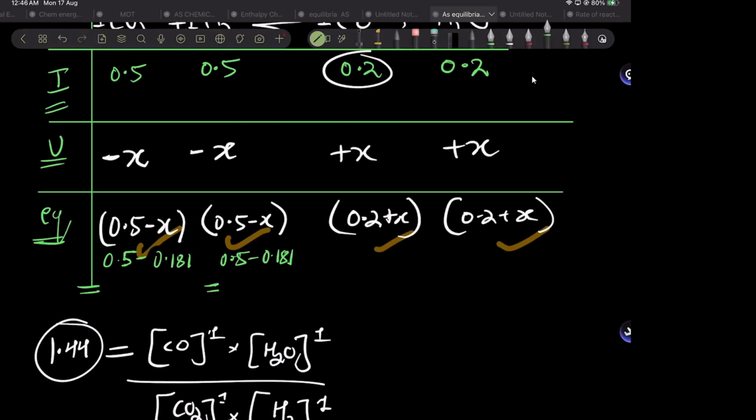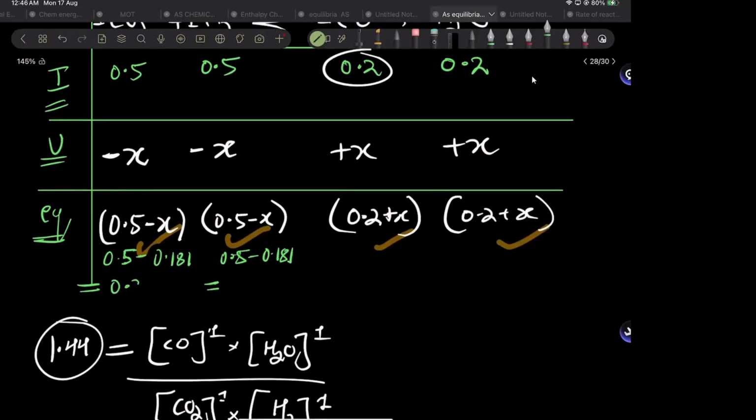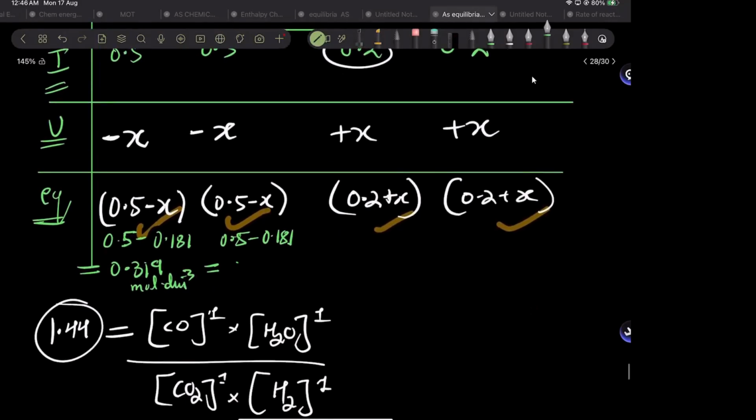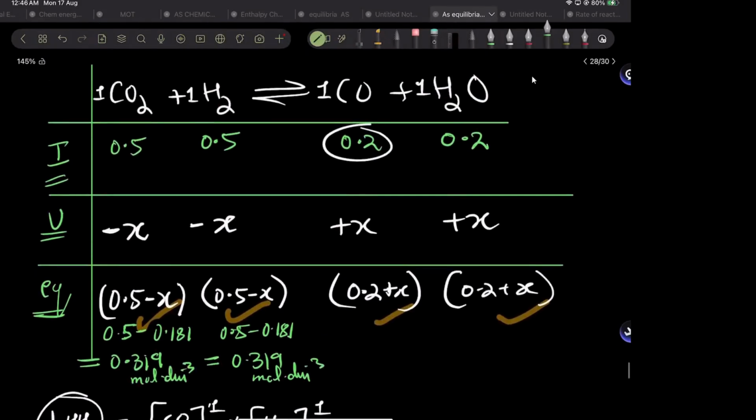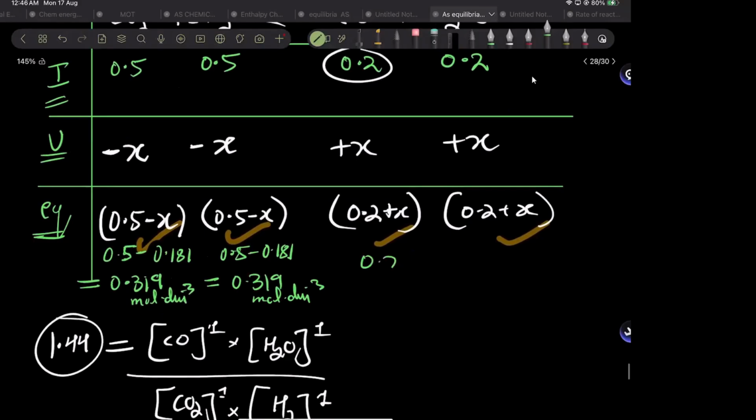0.5 minus 0.181 is 0.319 moles per dm cube. Right? And what about the other one? Same, 0.319 moles per dm cube. And what about the other one? It's 0.2 plus 0.181.